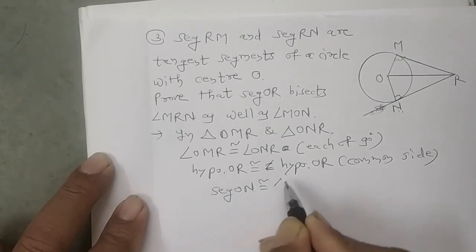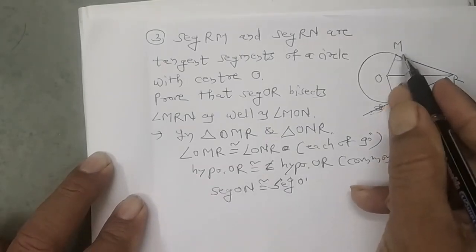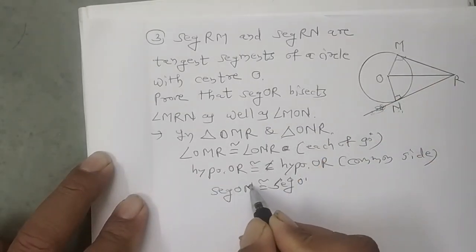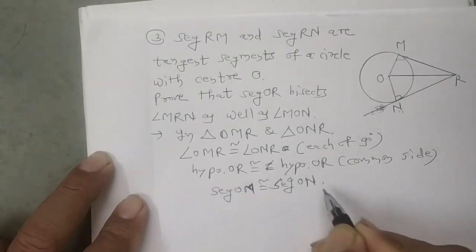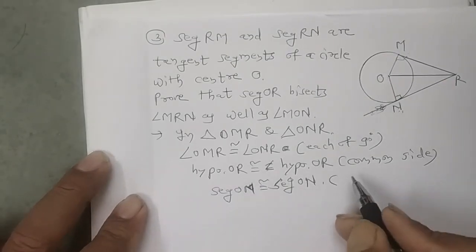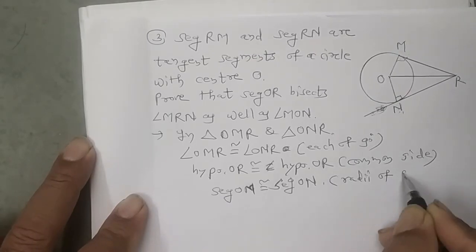segment OM congruent to segment ON, radii of same circle.